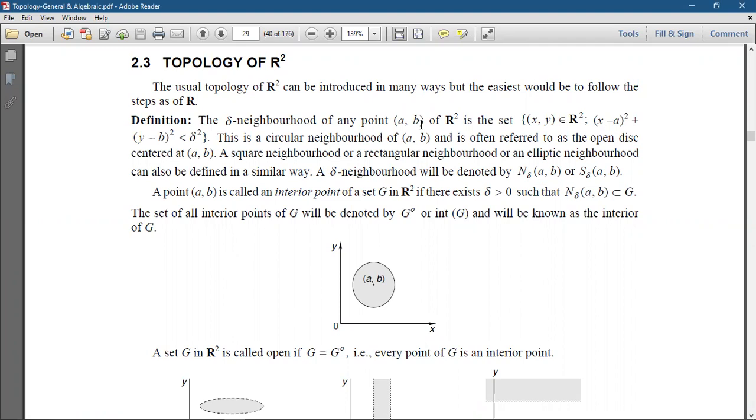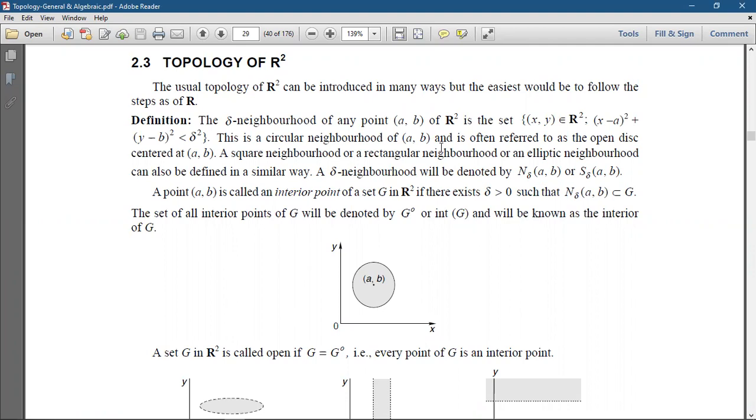That is a circular neighborhood of (a, b) and is often referred to as the open disk centered at the point (a, b).